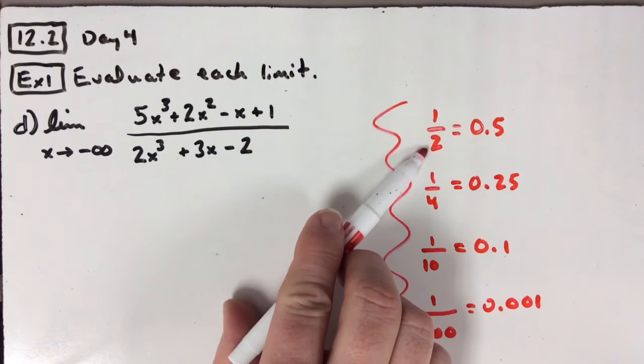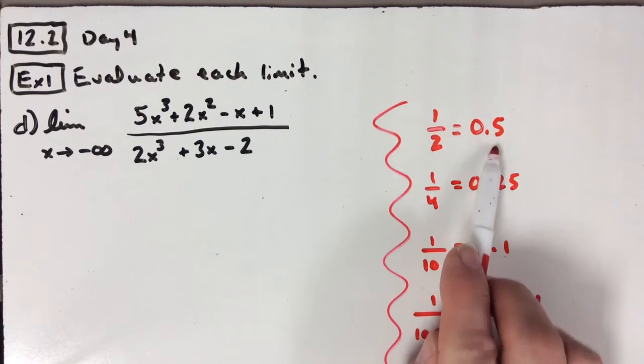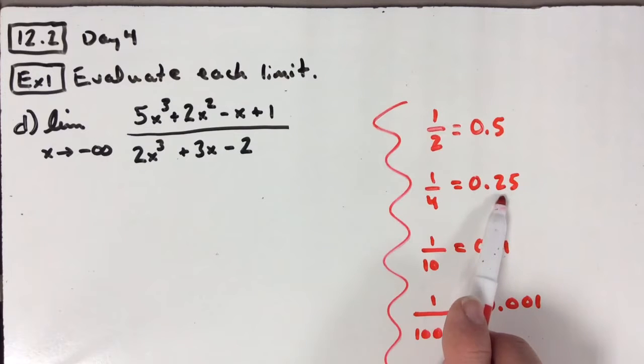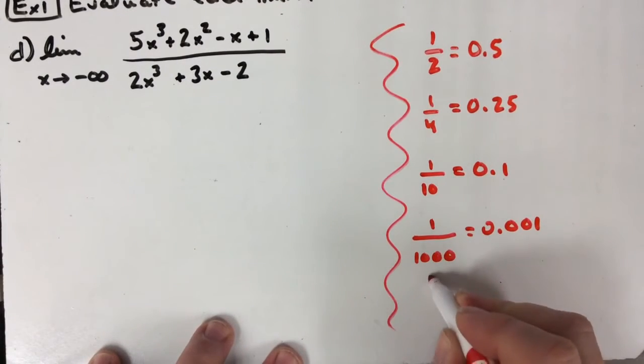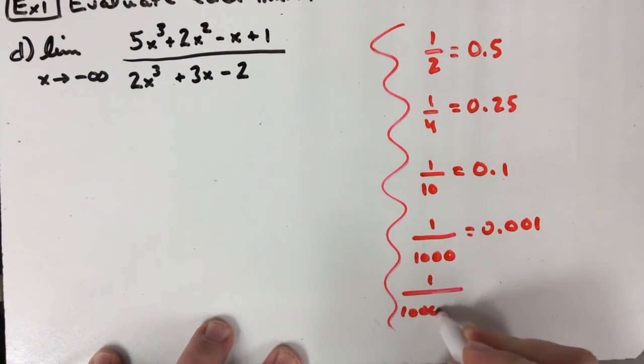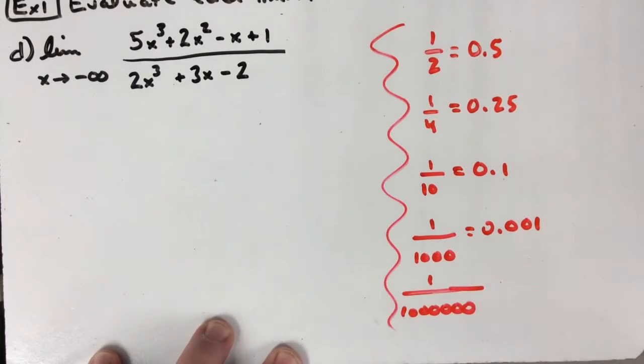If we have a 2 in the bottom of our fraction, we end up with 0.5. With a 4 in the bottom, that decimal gets a little smaller. And as those denominators keep getting bigger and bigger, we end up with numbers that keep getting smaller and smaller.